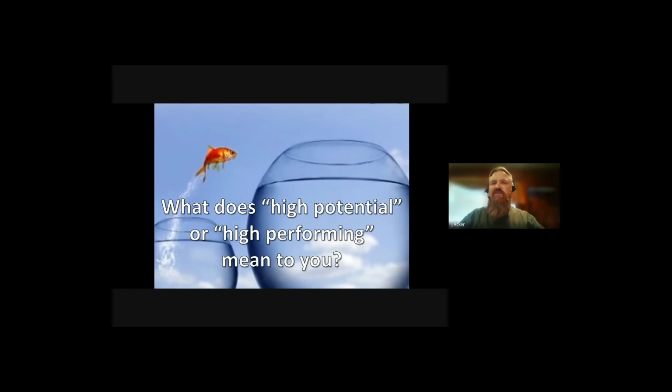Physical features signal something to us, and so do certain dress or grooming patterns, and we create images for which individuals either fit or do not fit our definition of high potential. That then gives us an errant impression that we have established good or objective criteria.